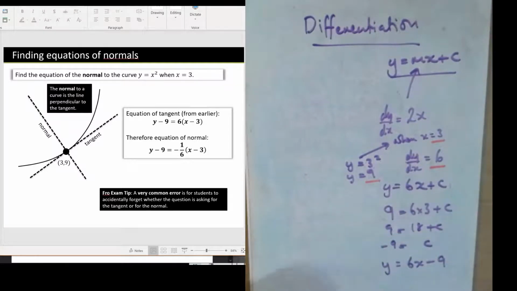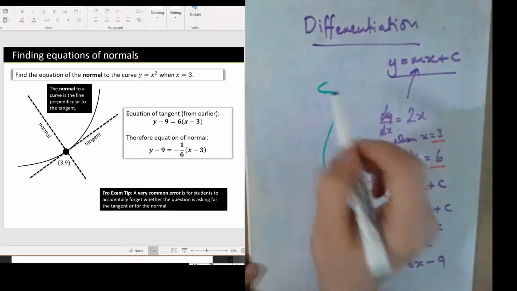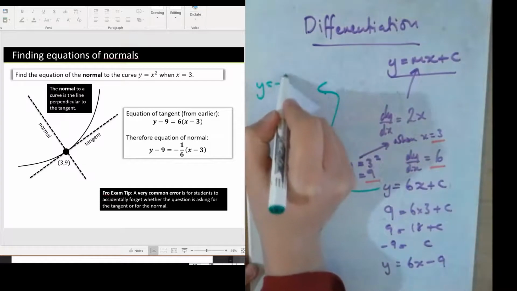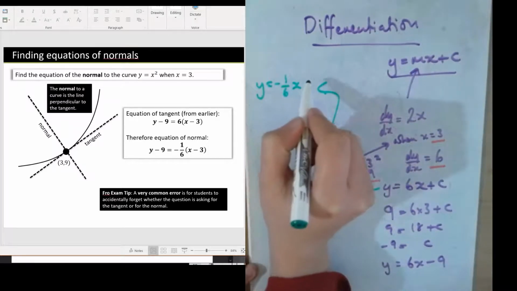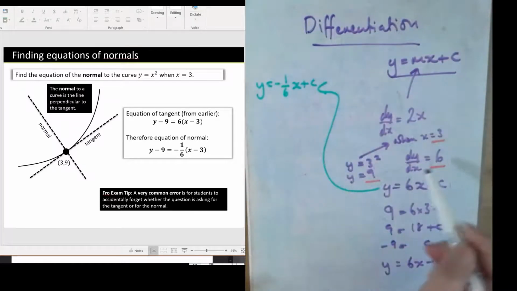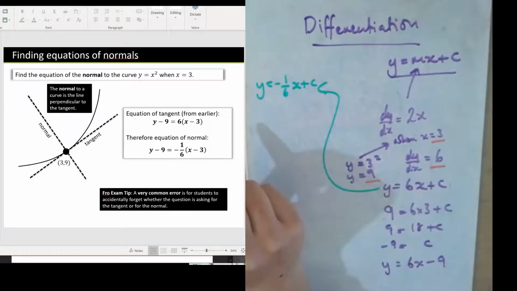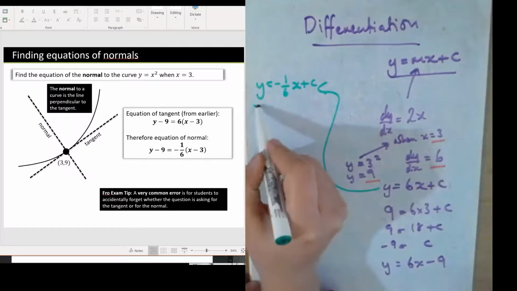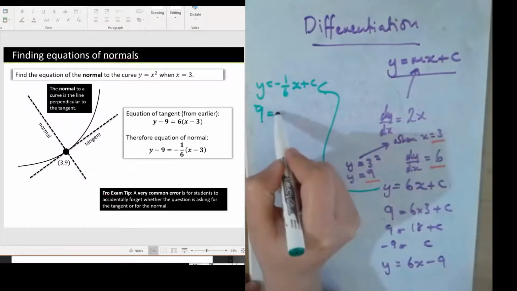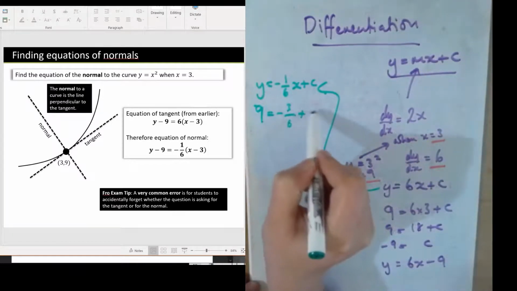Okay. For this one, I can kind of have the same equation, but I just need to change it up a bit. So instead of having this, I would then have y equals negative 1 over 6x plus c. I would then insert the 3 and the 9 into this as well. So then for y, I would put, well, that's 9, and this is minus 3 over 6 plus c.